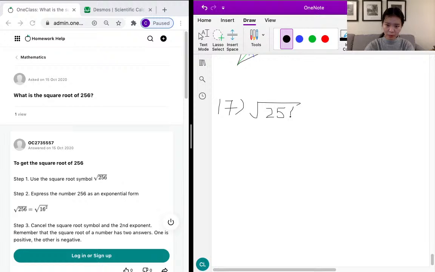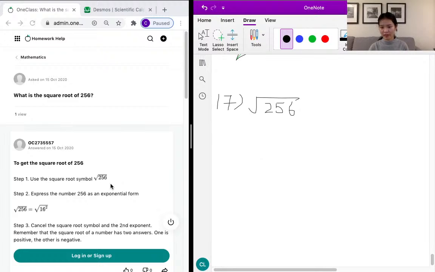If you're someone who doesn't have the square root of 256 memorized, which honestly is a lot of people, just look at 256, how would you know that its square root is 16 or it's a perfect square without prior knowledge? Well, you can use something called a prime factorization to find out.